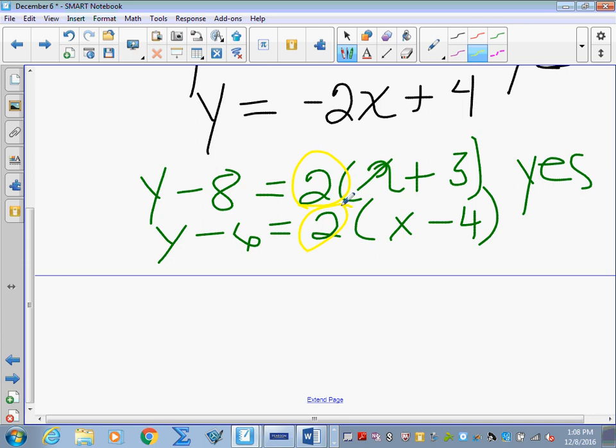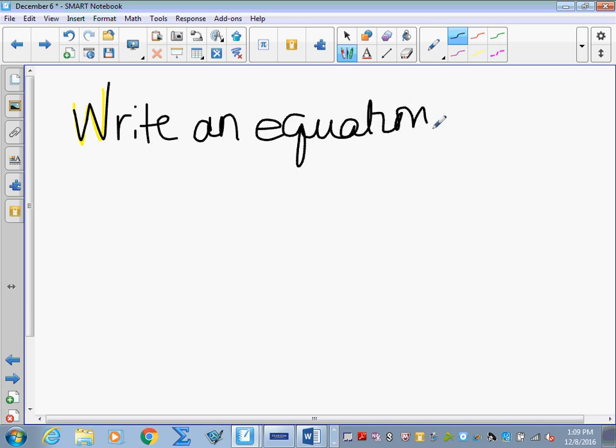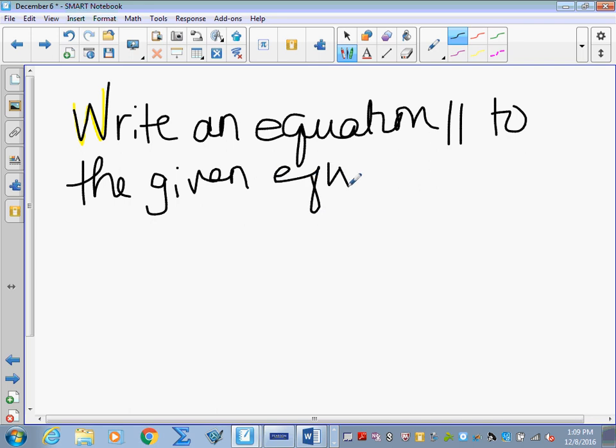Okay, so before we get to perpendicular, we're going to do an example of writing an equation that's parallel to another equation. So let's write an equation parallel to the given equation and passes through the given point.